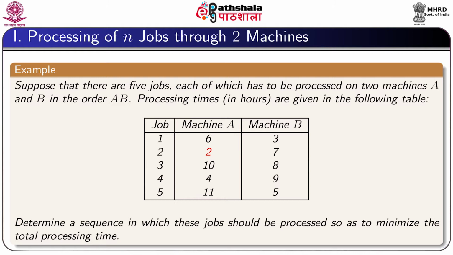For jobs 1, 2, 3, 4 and 5, processing times on machine A are 6, 2, 10, 4 and 11 respectively, and processing times on machine B are 3, 7, 8, 9 and 5 respectively. We have to determine a sequence in which these jobs should be processed so as to minimize the total processing time.